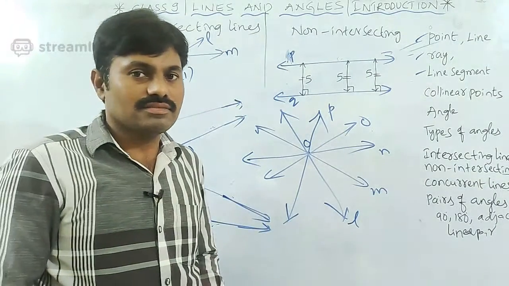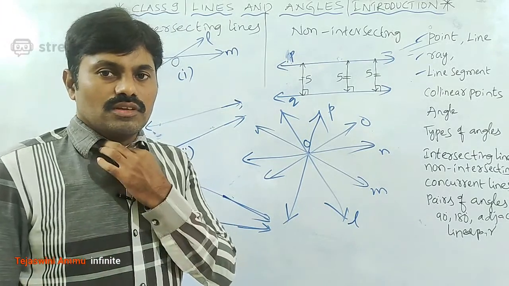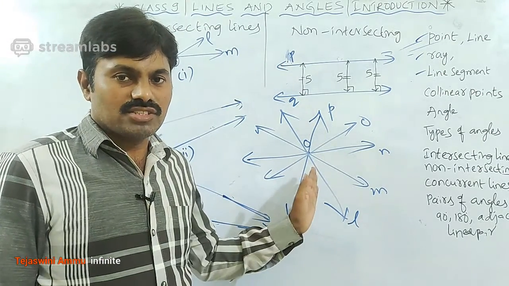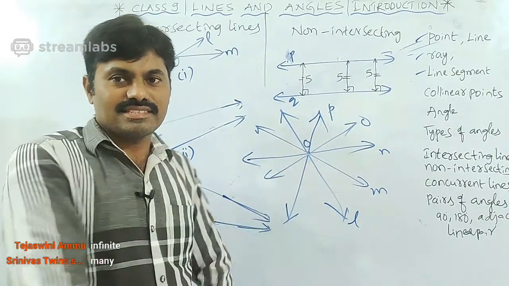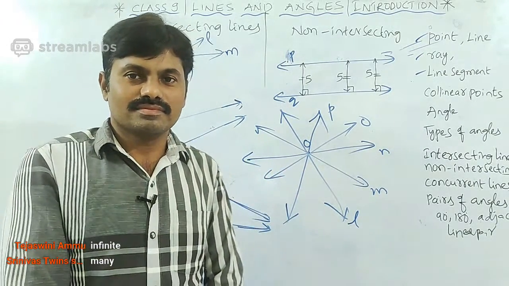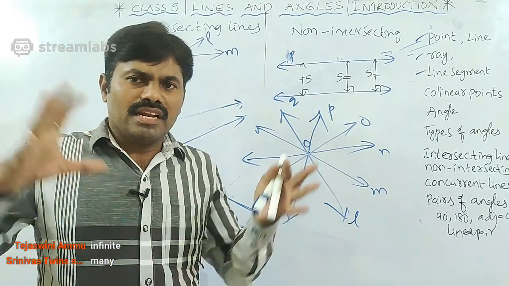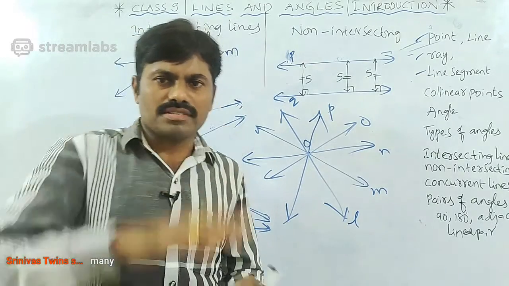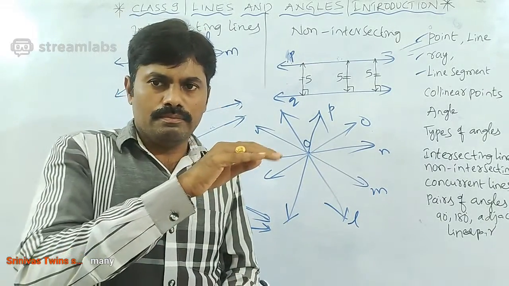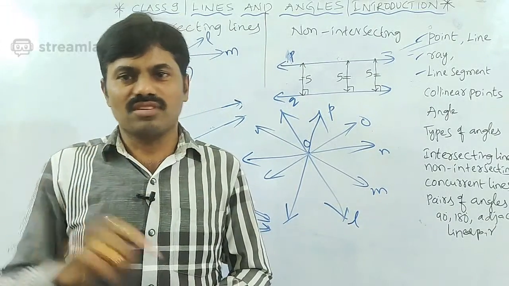Can anybody answer? So many lines are passing through a single point, then what do you call these lines? Many points, if they lie on the same line, we call those collinear points.